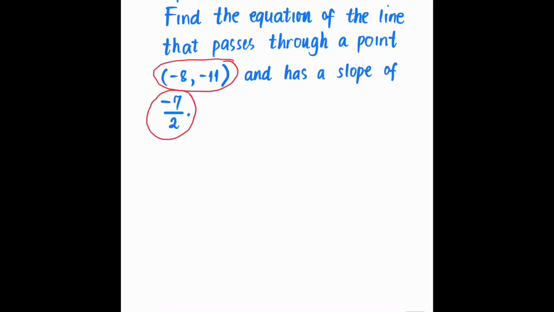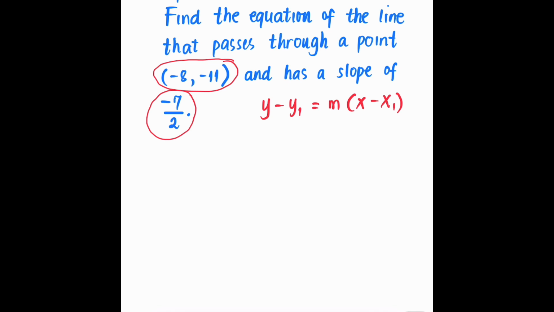Those are necessary information that will be substituted to the formula, which is y minus y sub 1 equals m times x minus x sub 1. So be careful in substituting the numbers to the formula so that you won't mess up the entire solution.